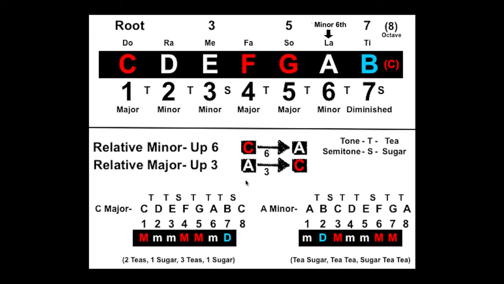Now, in this case, C major is the relative major scale to A minor. Just think of it like the same notes, but in a different order. So if the C major scale goes C, D, E, F, G, A, B, C, the A minor scale would go A, B, C, D, E, F, G, A, if that makes sense.